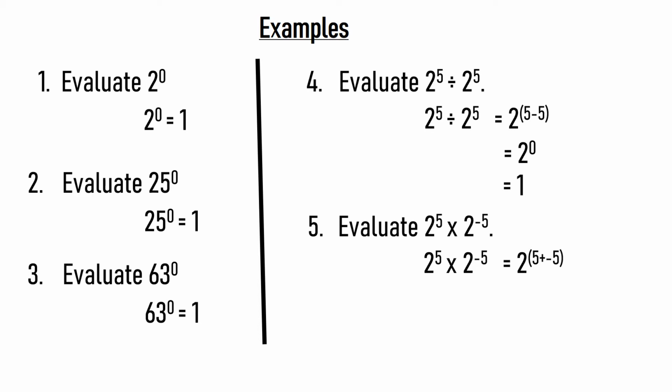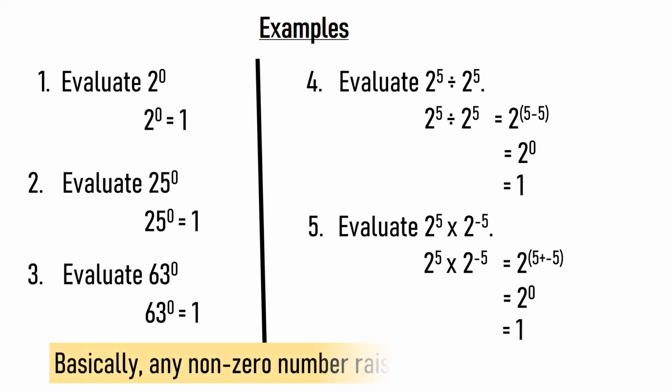So we have 2 power 5 plus negative 5. 5 plus negative 5 is the same as 5 minus 5, which is 0. So we have 2 power 0, which is equal to 1. Basically, any non-zero number raised to power 0 is 1.